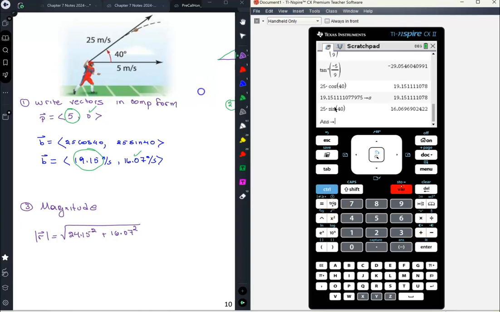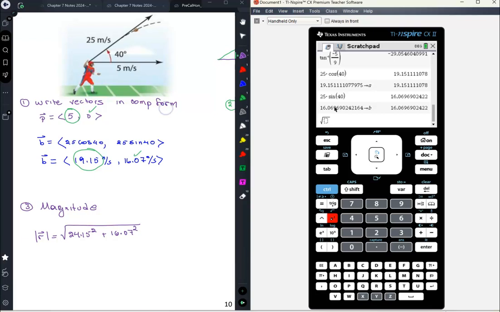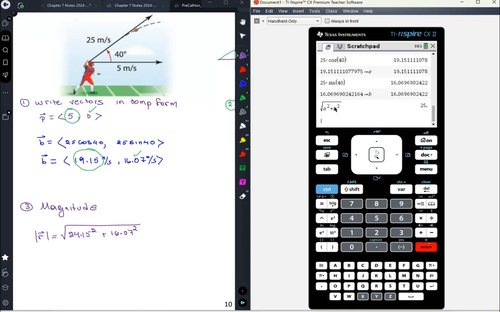I'm going to store this as B. Yes? Now I'm going to do square root of A squared plus B squared. That should not be 25. You forgot to add 5 there. It's A plus 5.